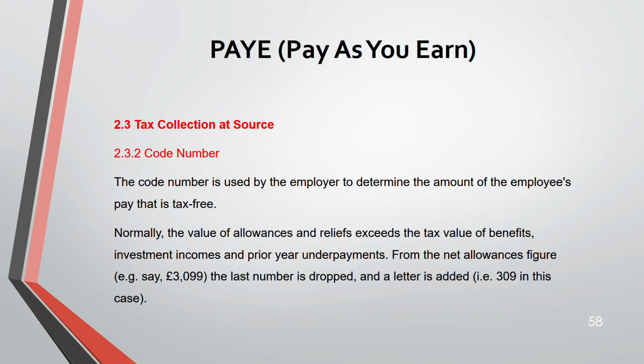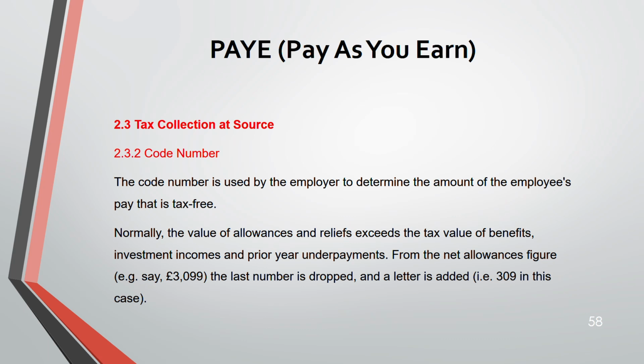So normally, the value of your allowances and reliefs exceeds the tax value of benefits, investment income, and your prior year underpayments. So from the net allowance figure, let's say 3099, we drop the last number.